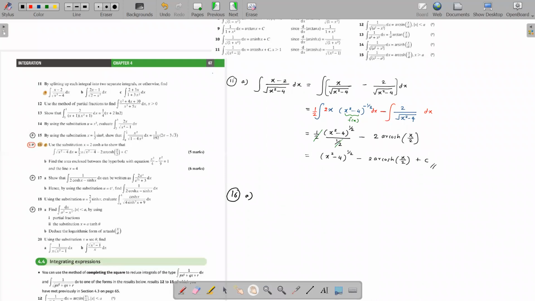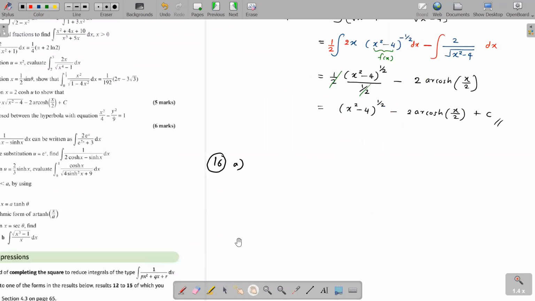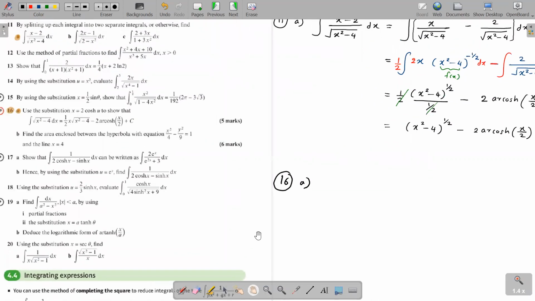In question 16A, use the substitution x equals 2 cos u to show that the integration of root x square minus 4 can be written in this manner. So we have to do the integration of root x square minus 4 with respect to x, right? This is the question, and we are supposed to substitute x equals 2 cos u.